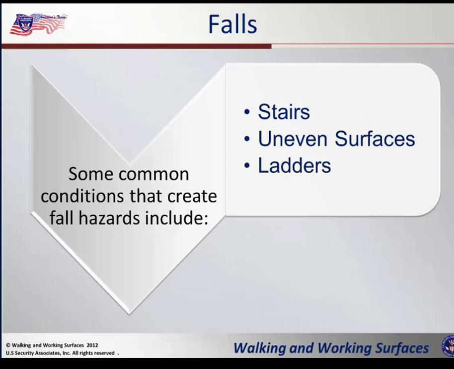Stairs, a major consideration, especially if you're trying to carry big bulky items downstairs. Uneven surfaces. So you're going down a walkway and all of a sudden you hit a ramp, and it just kind of catches you by surprise. Ladders. Remember, anytime you are on a ladder, you need 2 points of contact on that ladder. That means either a hand and a foot, 2 feet, something like that. At least 2 points on that ladder.